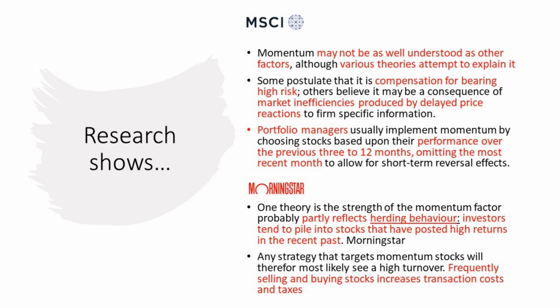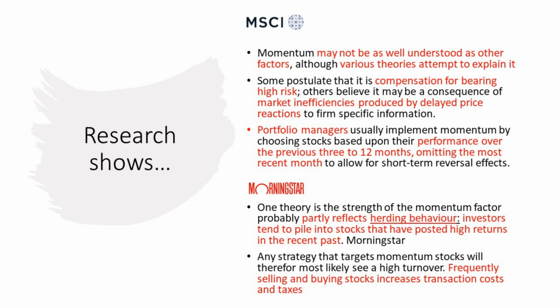Morningstar also comments on this and says that a theory behind the strength of the momentum factor partially reflects herding behavior. Investors tend to pile into stocks that have posted high returns in the recent past. That makes one think about hype and how that gets reflected in a momentum strategy. We're going to touch on that, particularly hype that's created by retail investors.